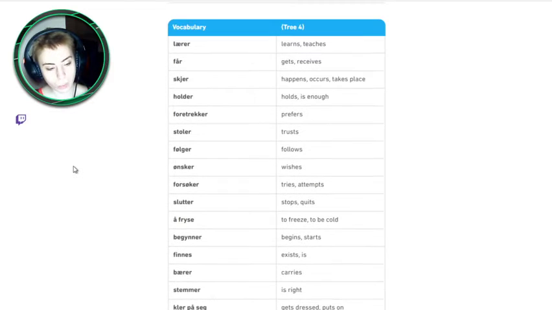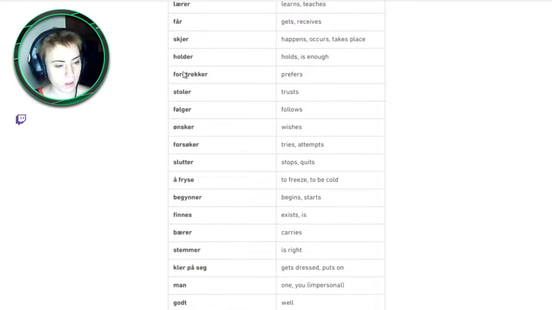So, vocabulary words: lærer, learns; skjer, happens; holder, holds, or is enough. Interesting. I should probably make a note of that.